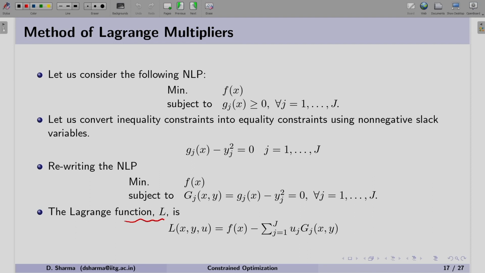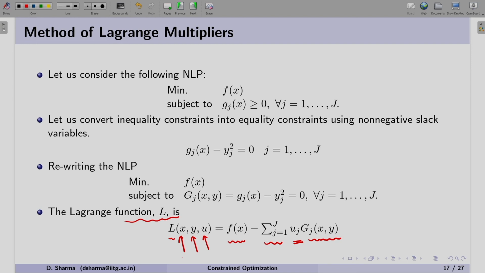Here the Lagrangian function, as you can see, is made of the variable set x, set y and set u. On the right hand side we have the function f of x minus a summation, and then we have a Lagrangian multiplier. So, uj is now the Lagrangian multiplier for the inequality constraint, and we are writing this Gj, which is a function of x and y.